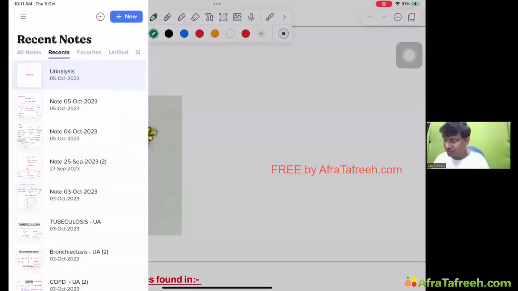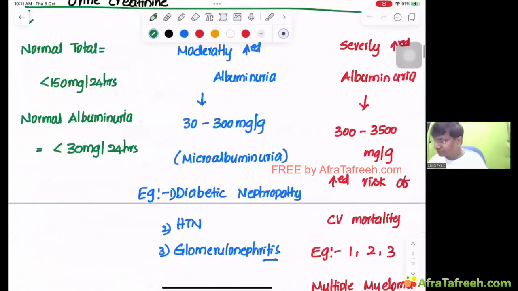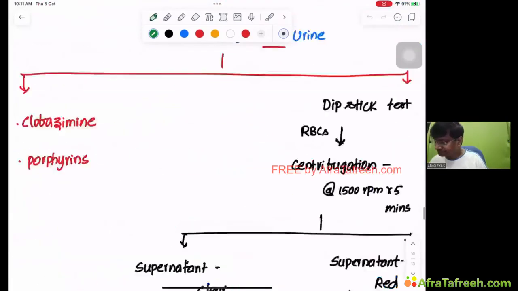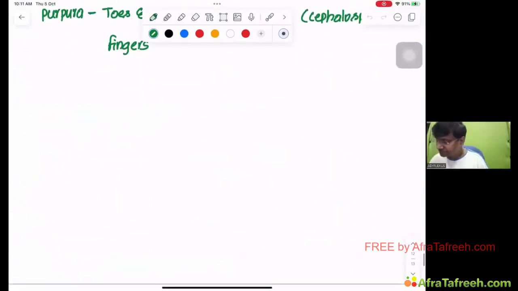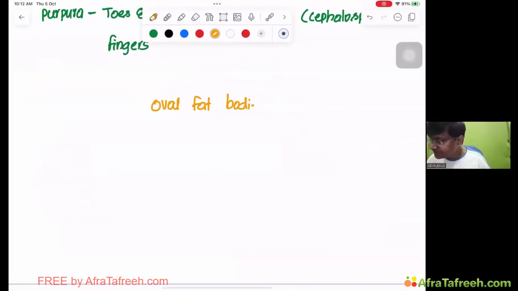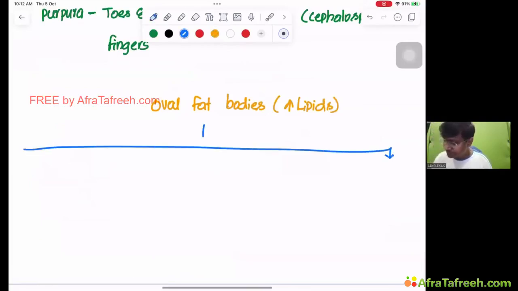That is mainly in the case of nephrotic syndrome. Oval fat bodies contain lipids, so whenever there is lipiduria, you have the presence of oval fat bodies. What are the conditions where you will have lipiduria?